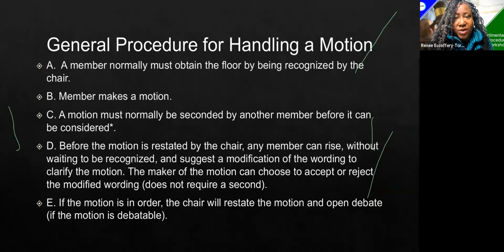I move that we purchase the bus. I move that we all wear orange to the football game. I move that we decide that the house that is painted on the corner must change the paint. Okay, so whatever it might be, you move that. Once the motion is on the floor, normally, under normal circumstances, it should be seconded by another member.